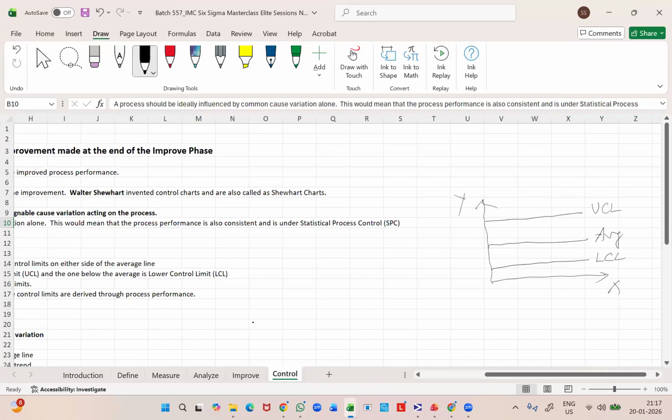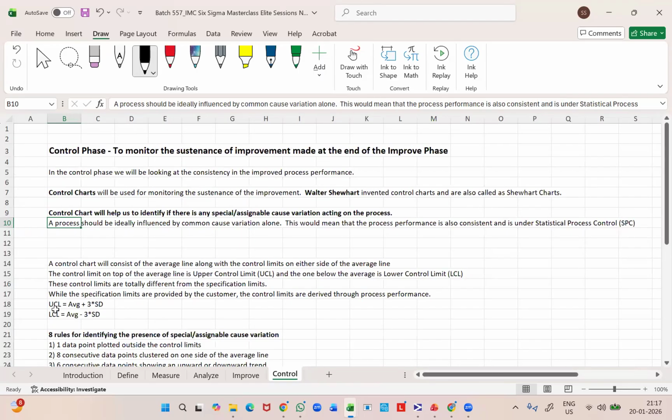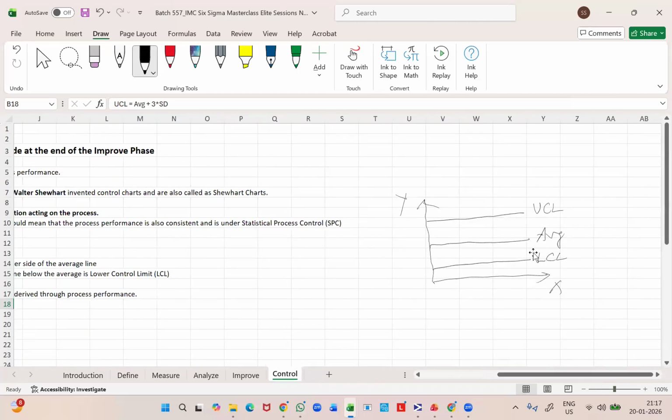So how will you arrive at this UCL? UCL can be calculated by using this formula: average plus 3 times the standard deviation, and LCL will be average minus 3 times the standard deviation. So 3 into standard deviation is what we would consider for constructing the UCL and LCL lines in this control chart, right?